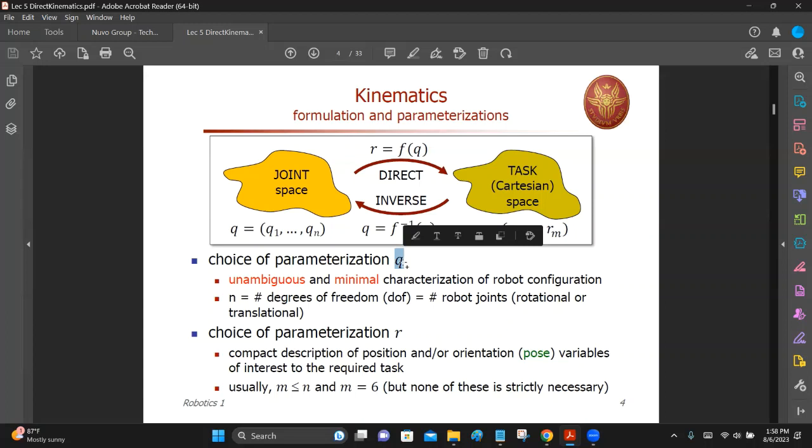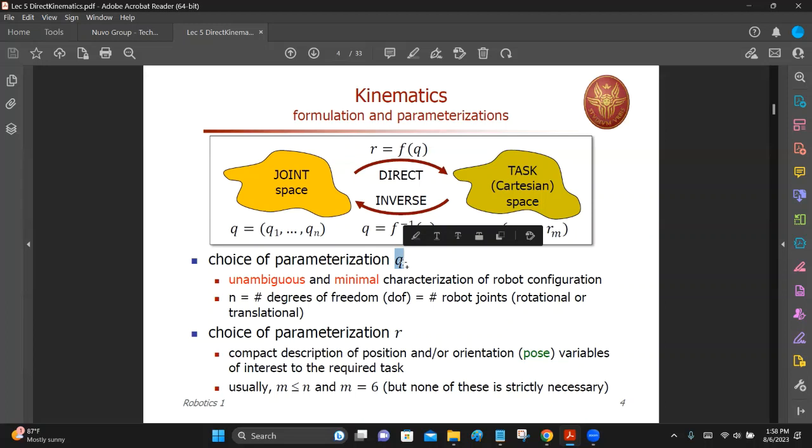It can be angle or distance. That single variable needs to take two different meanings, angle and distance, depending on the nature of the joint.